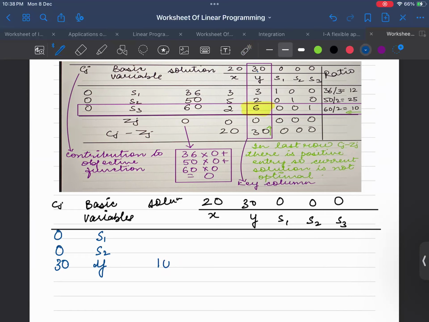So here it would be 10. Here it is 2 divided by 6, which comes out to be 1 by 3. So here we will write 1 by 3.